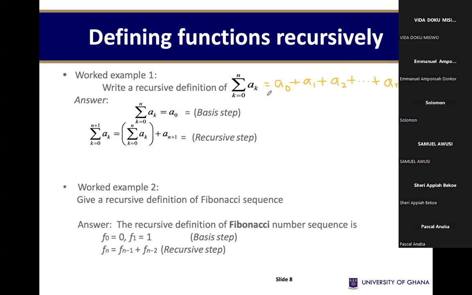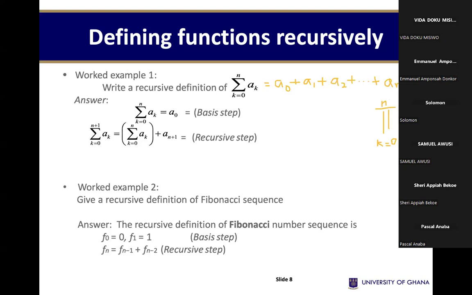This is also for the product, right? So imagine you see this. This is not the pi of 22/7, it's the symbol for product. So I'm having K starting from 0 again to N of AK.